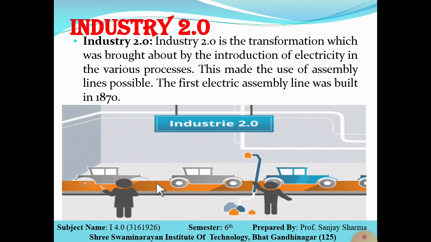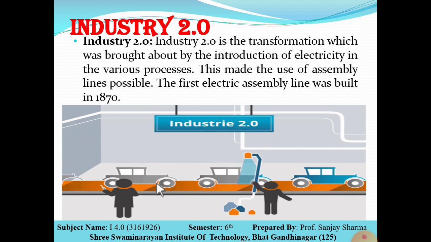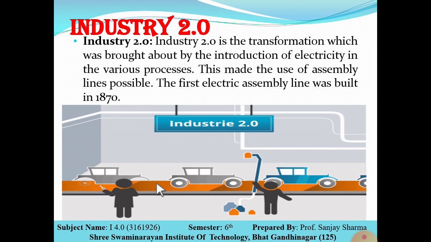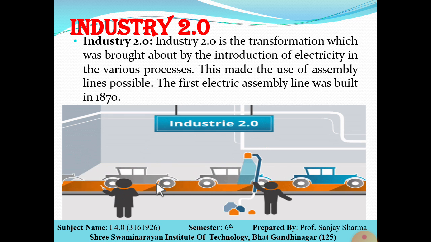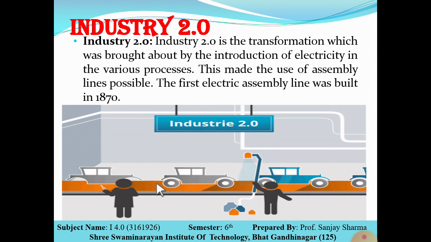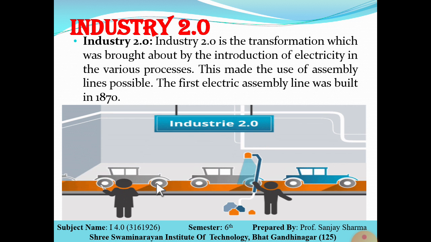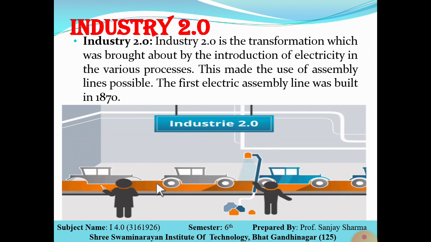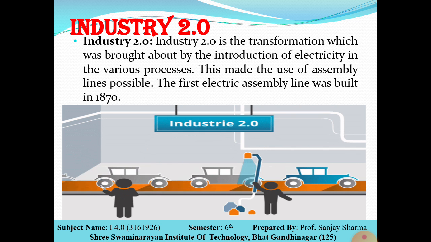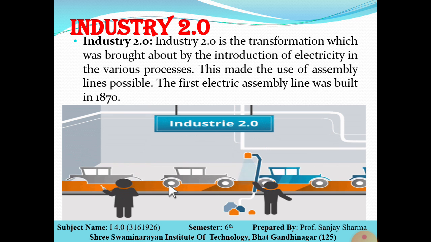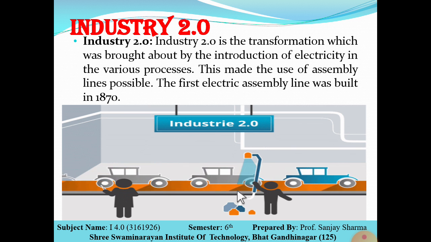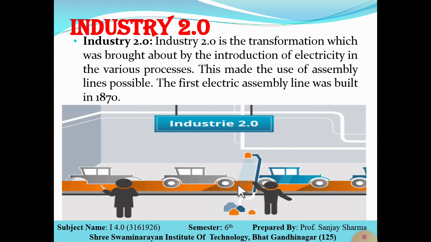So here you can see this is the Industry 2.0. Now whatever the manufacturing was done, it was powered with electricity, and with the help of electricity it also started the assembly line, continuous powered assembly line.